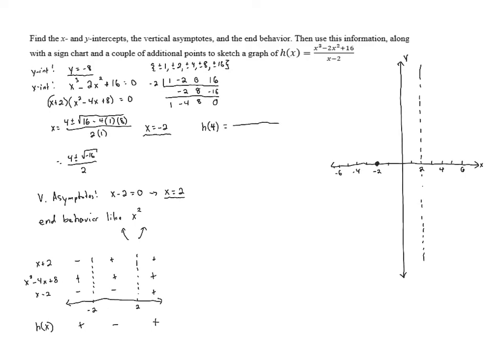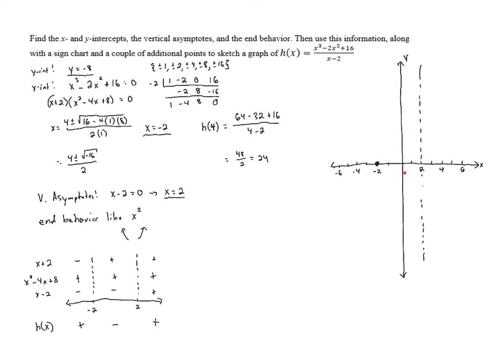If we do that, 4 cubed is 64 minus 2 times 4 squared. 2 times 16 is 32, and then plus 16 all over 4 minus 2. 64 minus 32 is 32, plus 16 is 48, and 4 minus 2 is 2, and 48 divided by 2 is 24. So we're going to have a point at 4, 24.